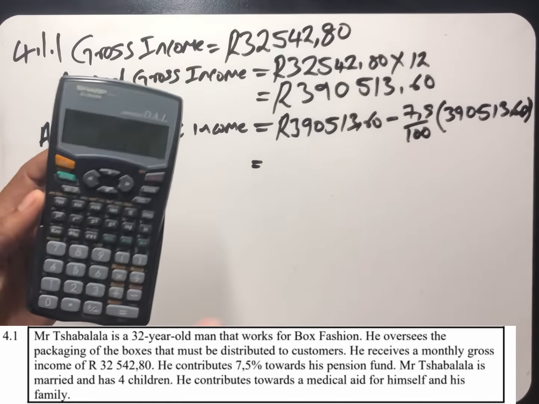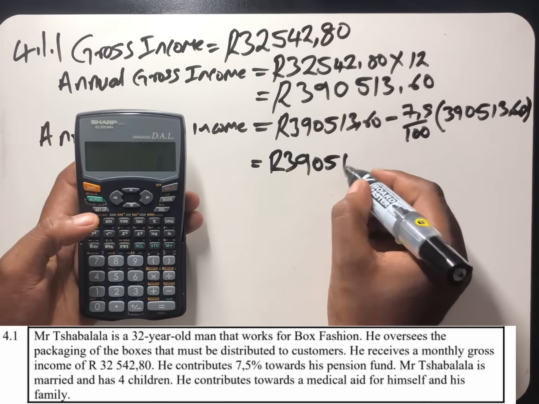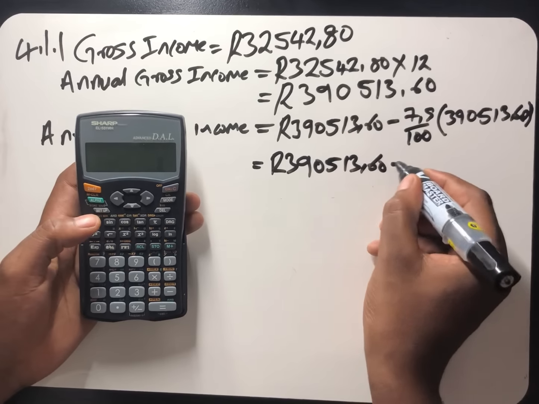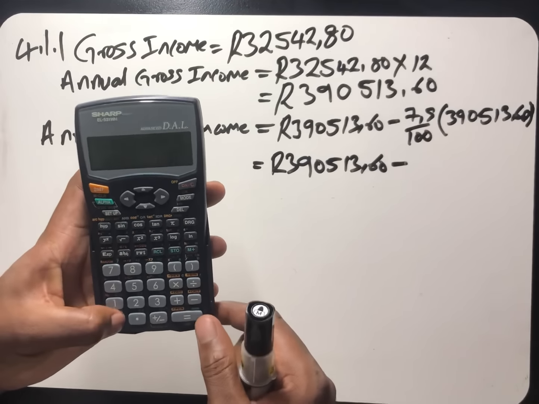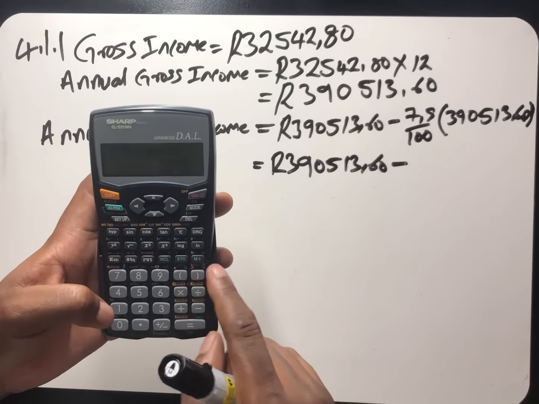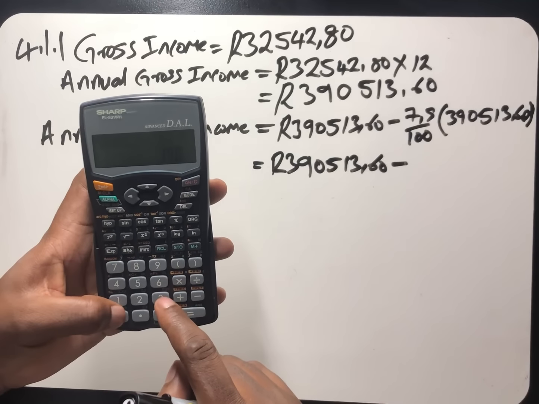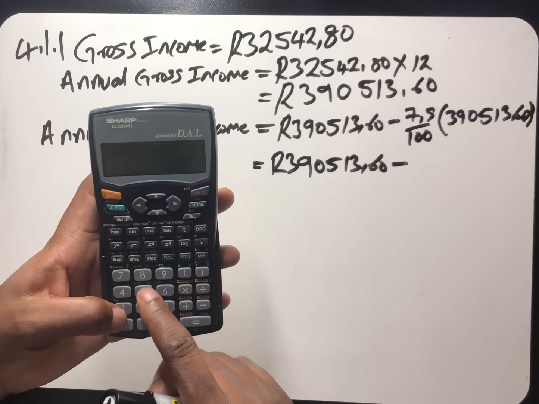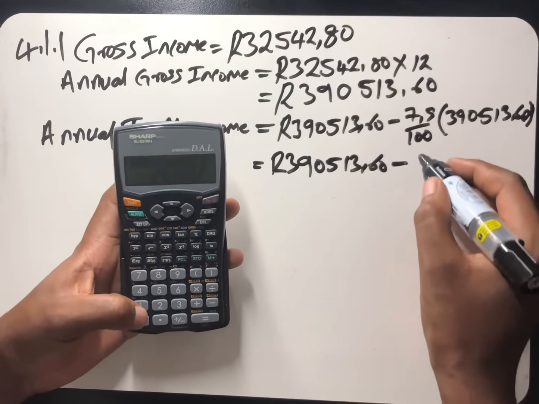So now we say 390,513.60 minus 7.5 divided by 100 multiplied by 390,513.60.